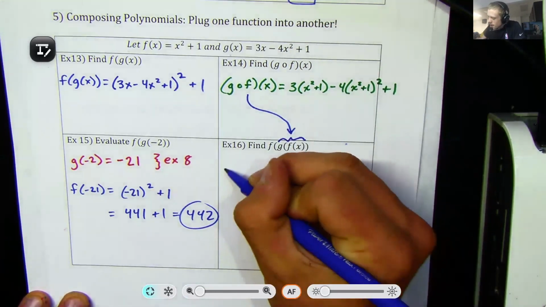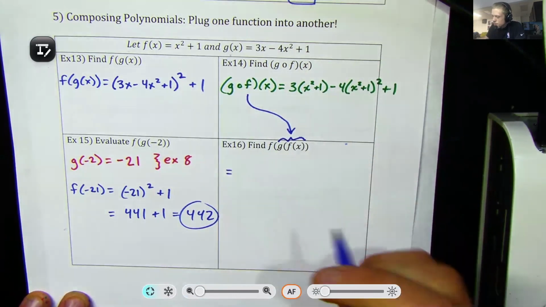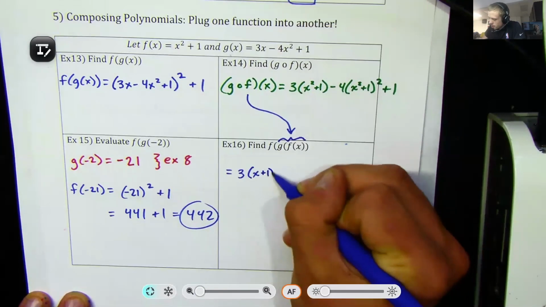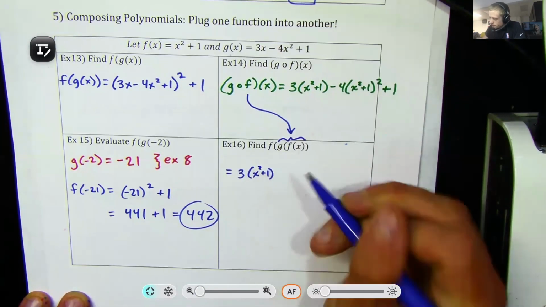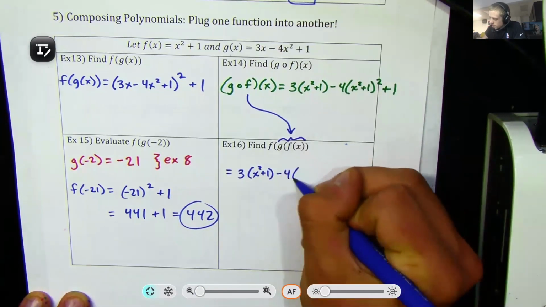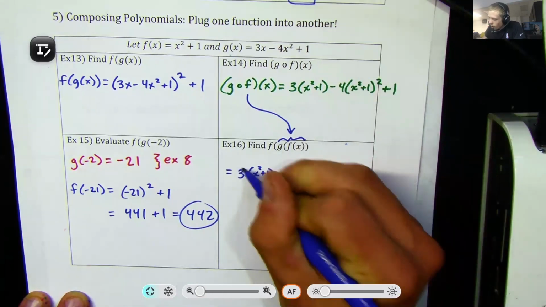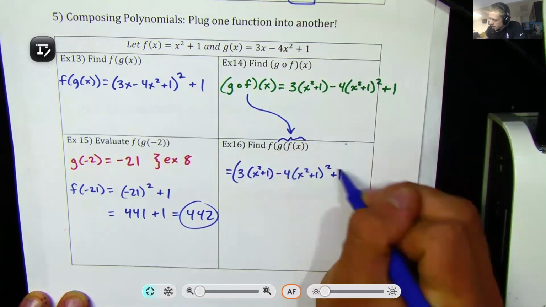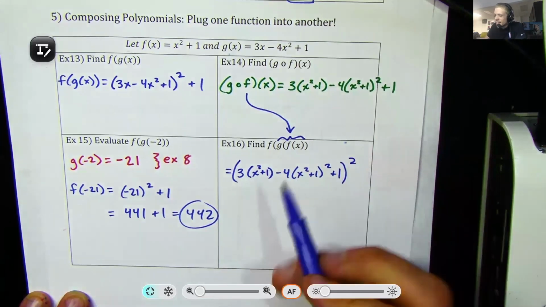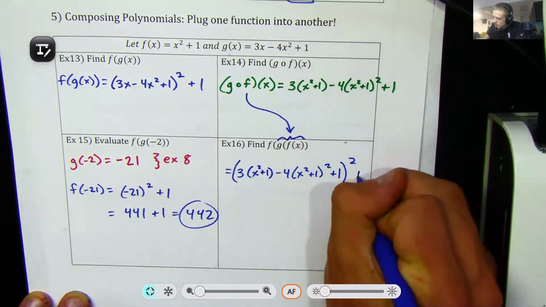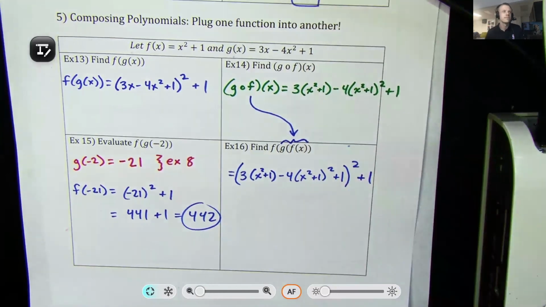So that is going to be equal to 3 times x squared plus 1 minus 4 times x squared plus 1 squared plus 1. Now remember, all of that is being squared because I'm plugging it into f of x, which is a squared variable. And then I have a plus 1 at the end.